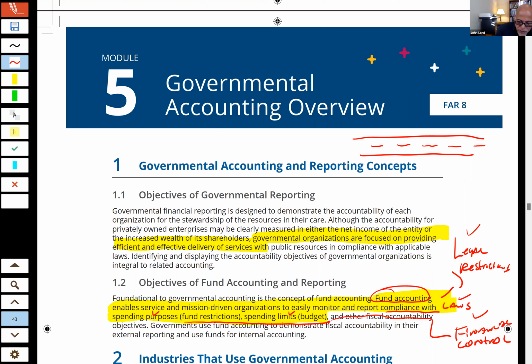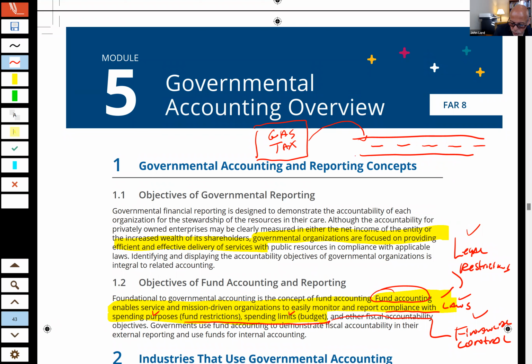Okay. And let's say that a state or whatever imposes a gas tax. They impose a tax on gasoline. And they say that that tax on gasoline will be used for what?